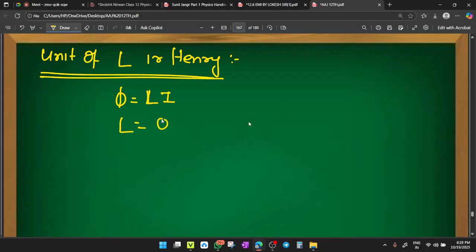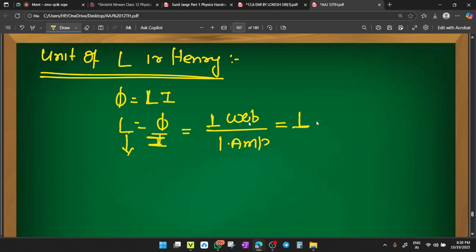So L equals phi upon I. To make 1 Henry, the magnitude has to be 1. So we take phi equal to 1 Weber and I equal to 1 ampere, then the ratio equals 1, which is 1 Henry.